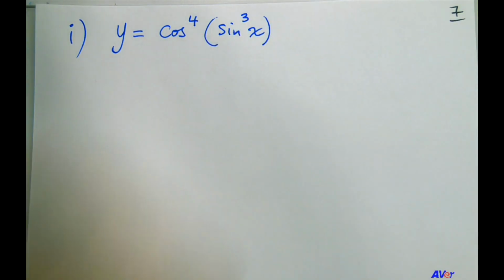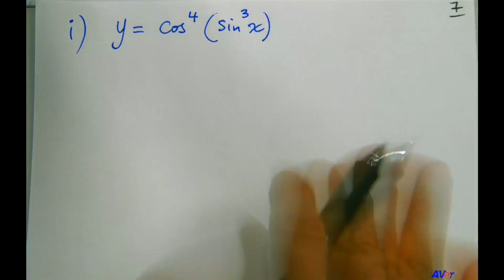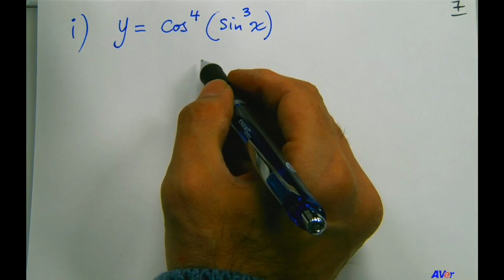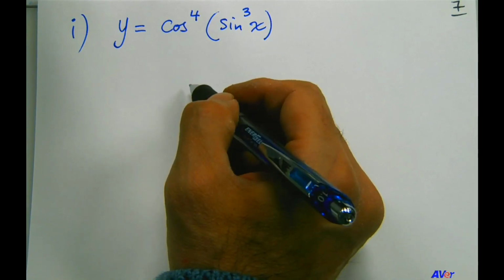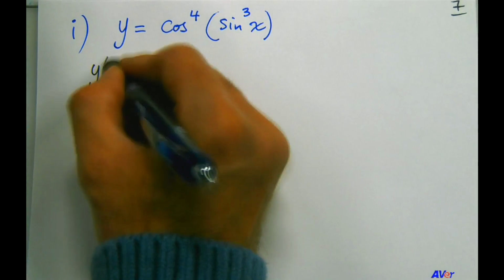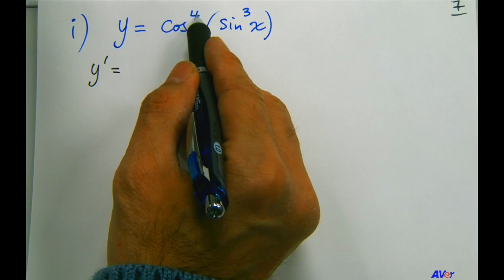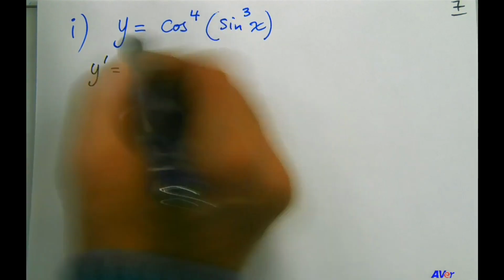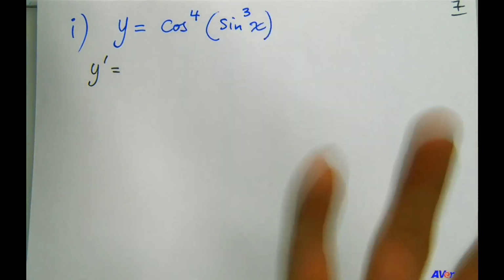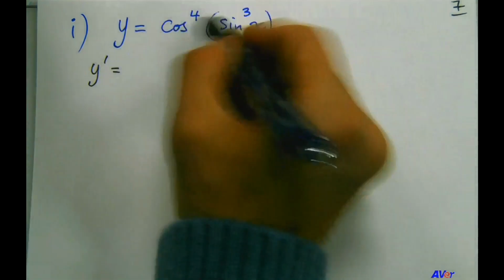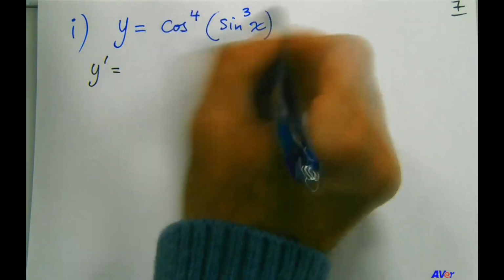Okay, so let's see. Again, please pause the video and try this on your own, and then come back to the video. I hope you're doing that. So we have y prime is equal to, we have this 4. Before I do that, we can rewrite this to make it easier to see what we're doing. It's not necessary, but we could put all of this inside and raise it to the 4th power.